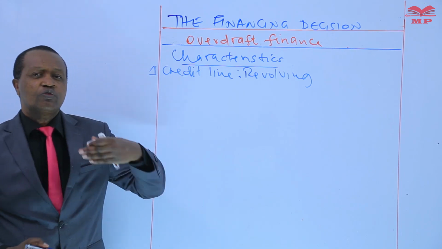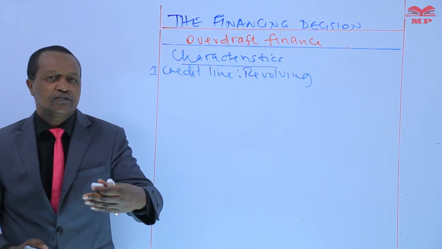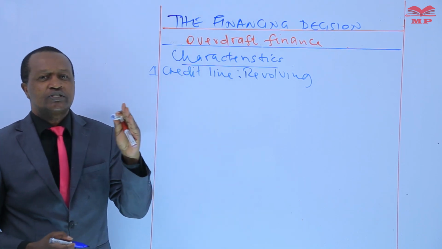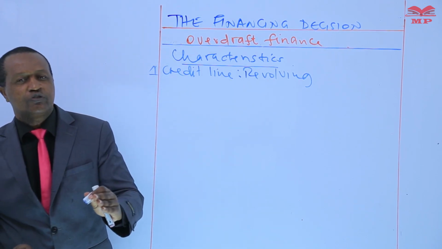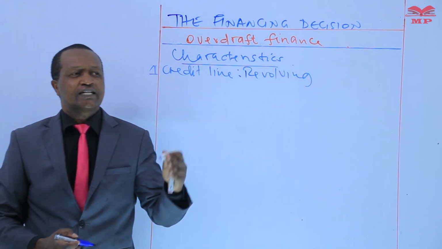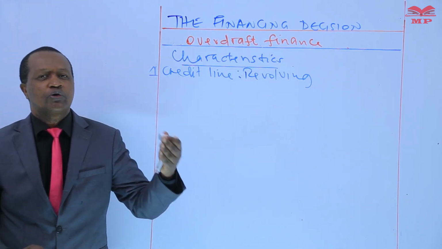You understand? Revolving. All right? The revolving line allows businesses to withdraw funds up to an approved limit. It acts as a flexible borrowing arrangement.